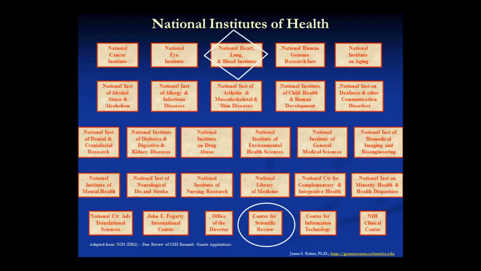Now, the Institute might put up the funding, they put up the support, they determine which grants to be funded, but the review process goes on outside of the Institute at the Center for Scientific Review. And within the Center for Scientific Review, there are 100 or so different study sections or review committees. And this is where your R01 grant will be reviewed and scored.